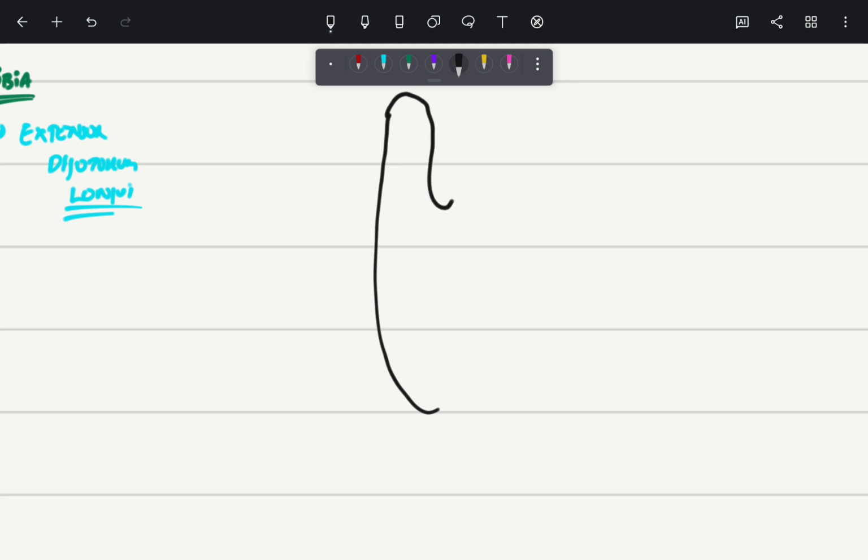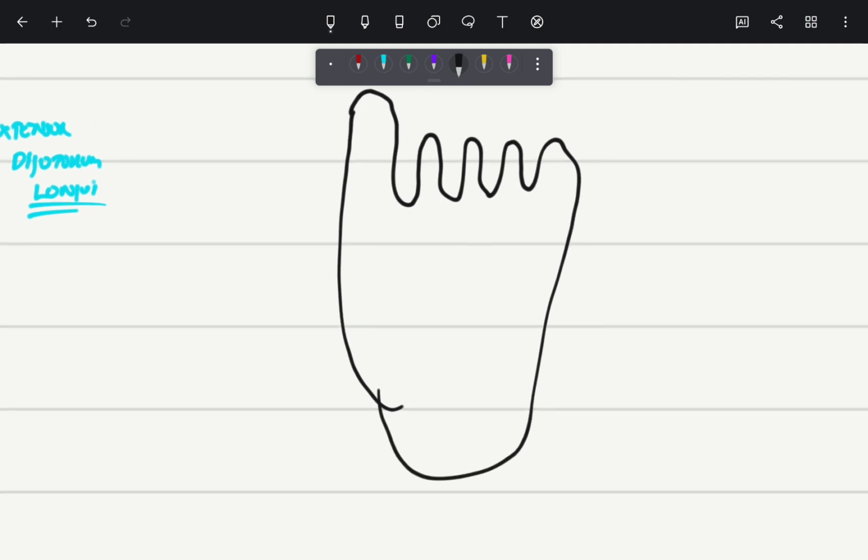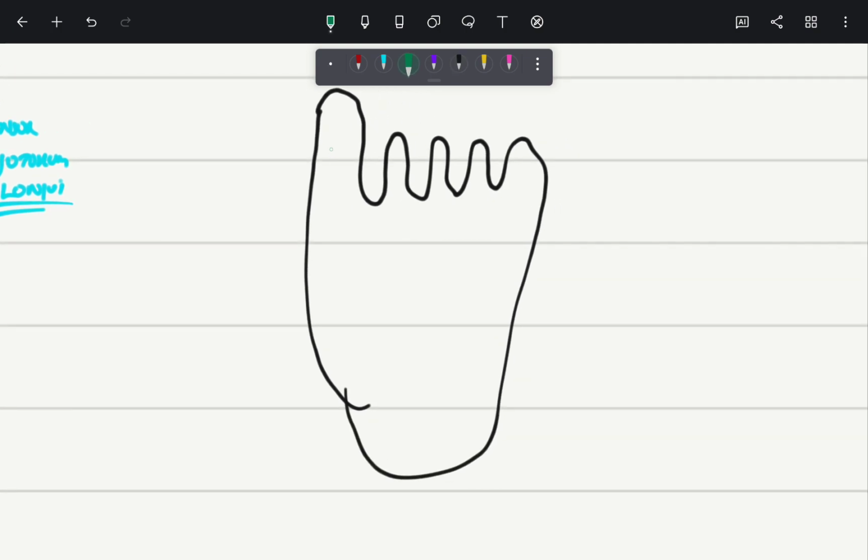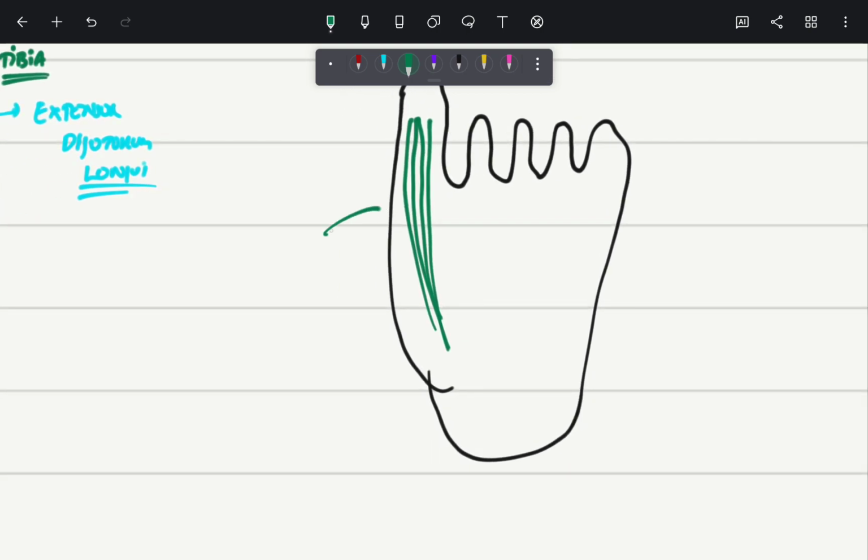So this is the great toe and these are the digits. And there is this muscle which is coming to the great toe. This muscle is helping in extension of the great toe. Hence it is called extensor.